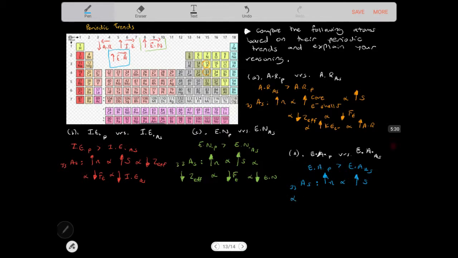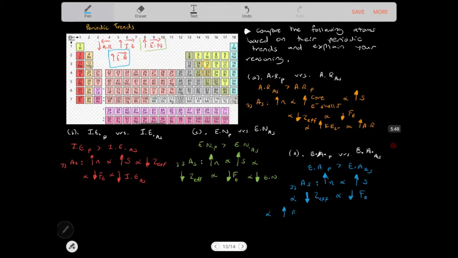Because there is increased shielding effect, there is a decreased effective nuclear charge, which means a decreased force of attraction. And because there's a decreased force of attraction, there's more resistance to entry, right?